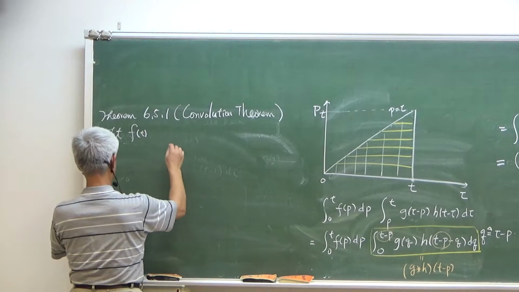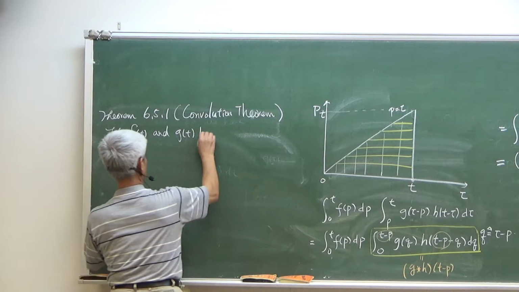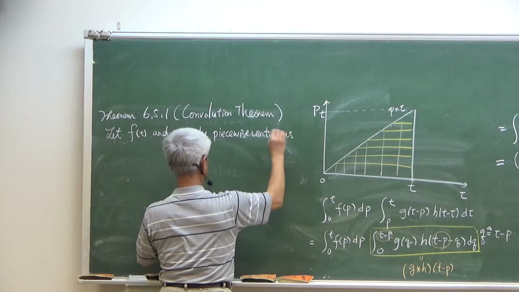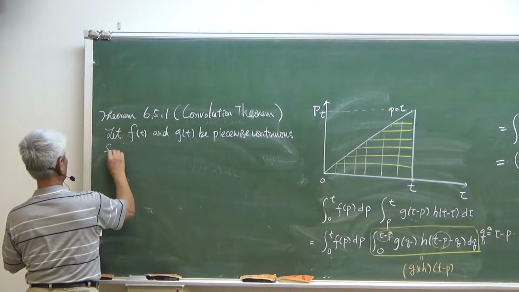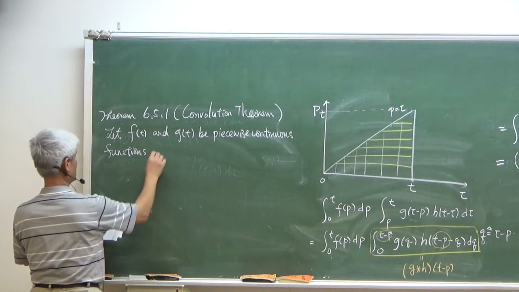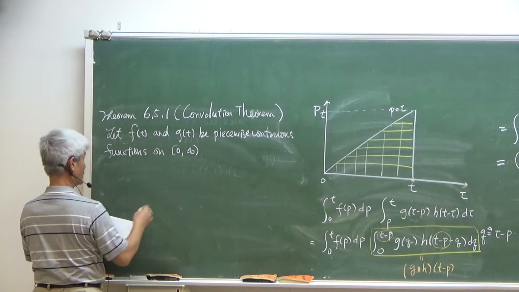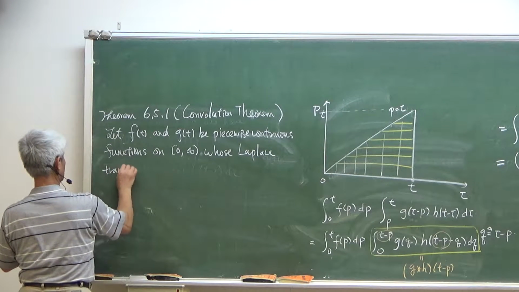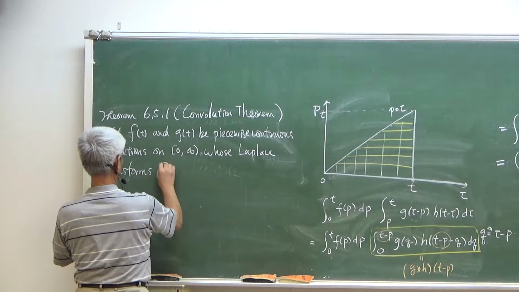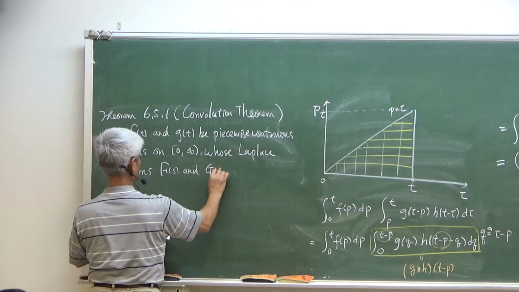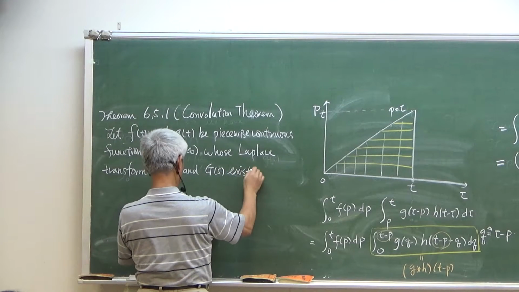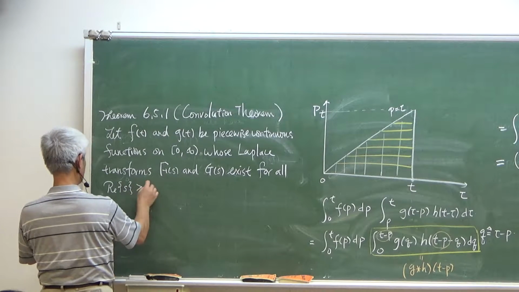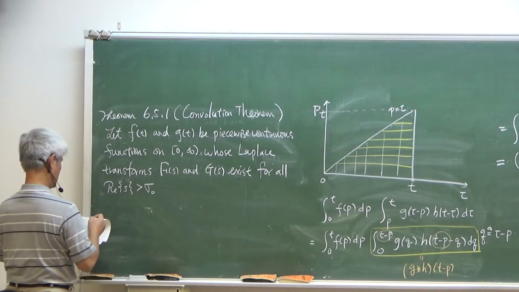Suppose f of t and g of t are piecewise continuous, and their Laplace transforms F of s and G of s exist for all real s greater than sigma 0.